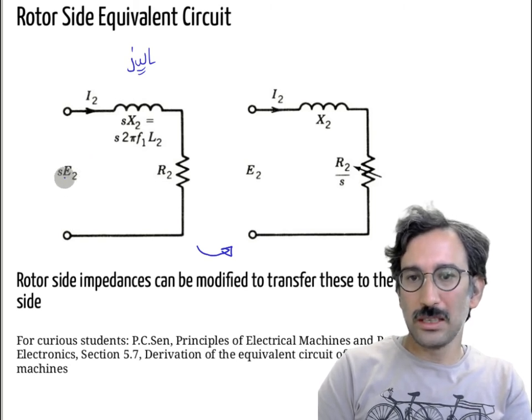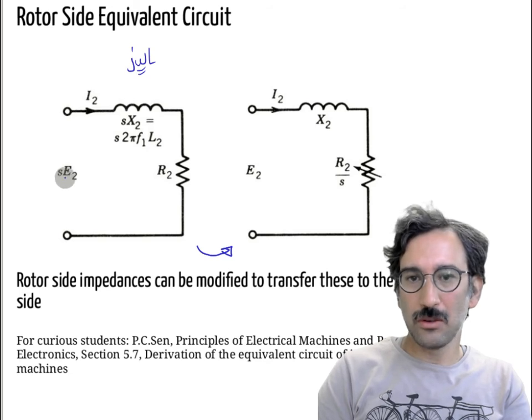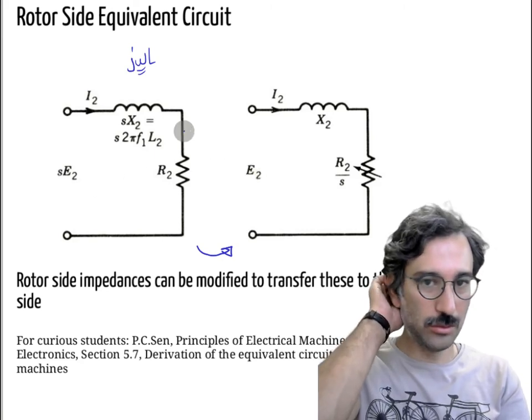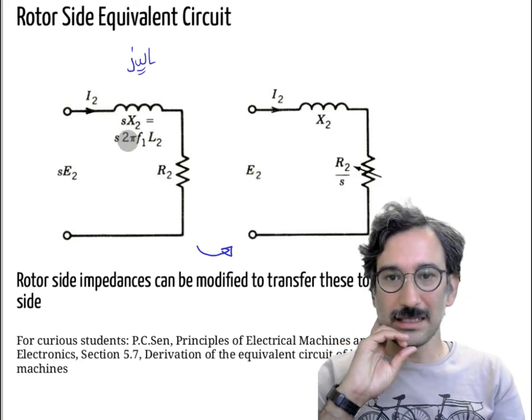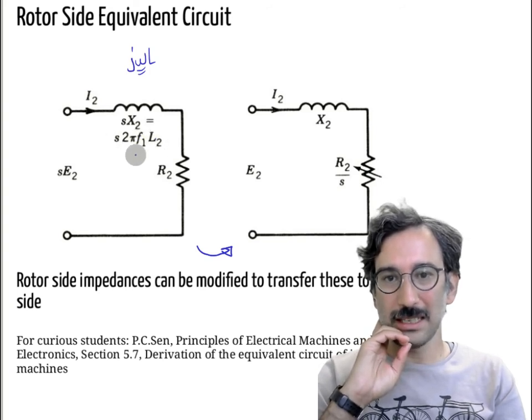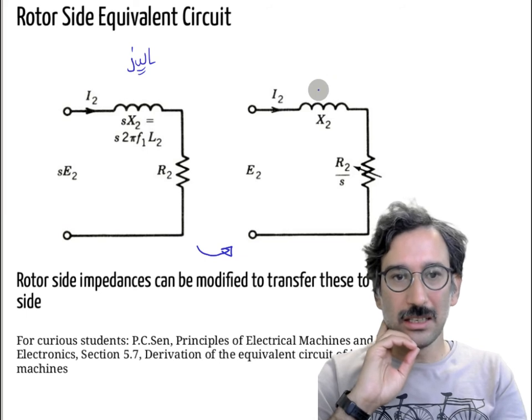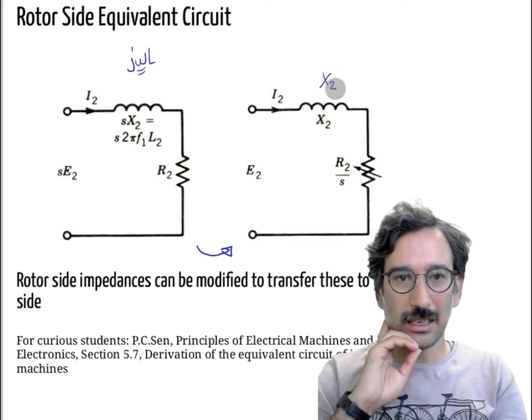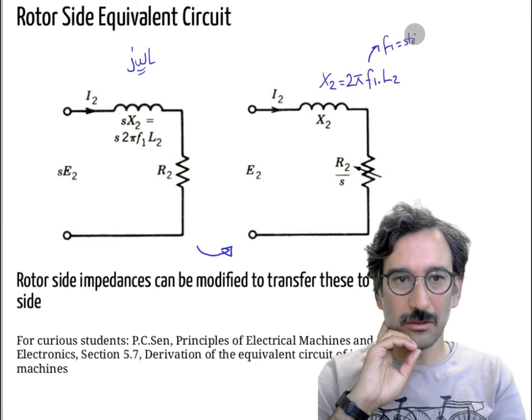So what I am doing is dividing the voltage by slip. If I divide by slip, then S E2 becomes E2. Then S times 2 pi F1 L2 divided by S cancels out, so you have X2, and X2 is equal to 2 pi F1 times L2, and F1 is the stator frequency.